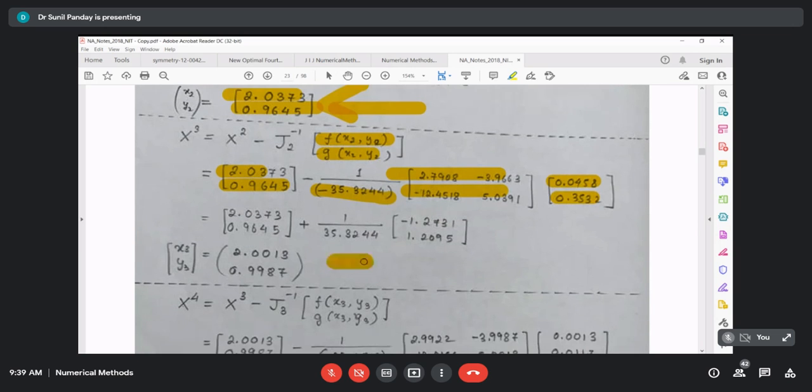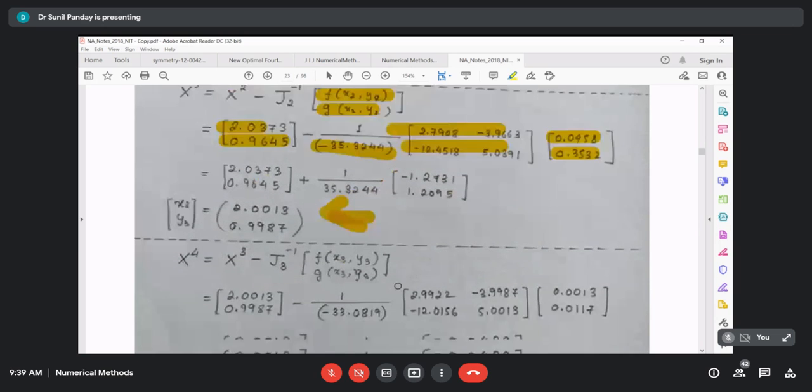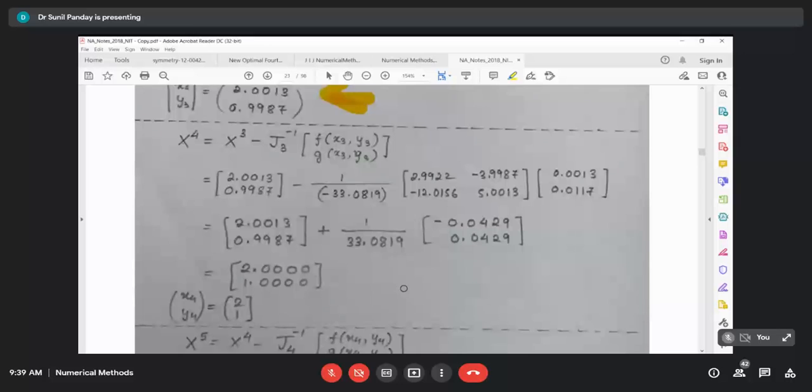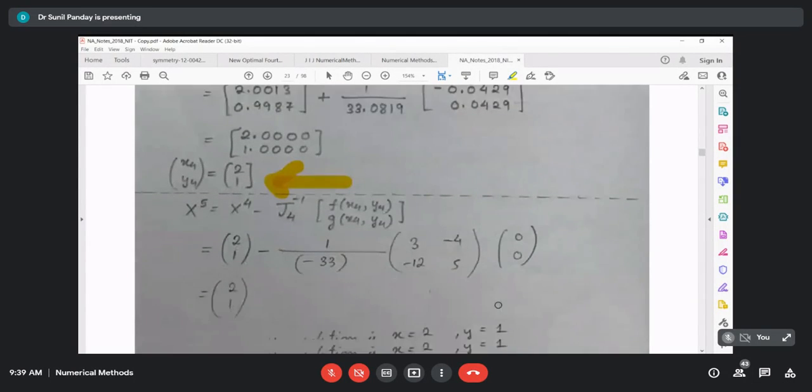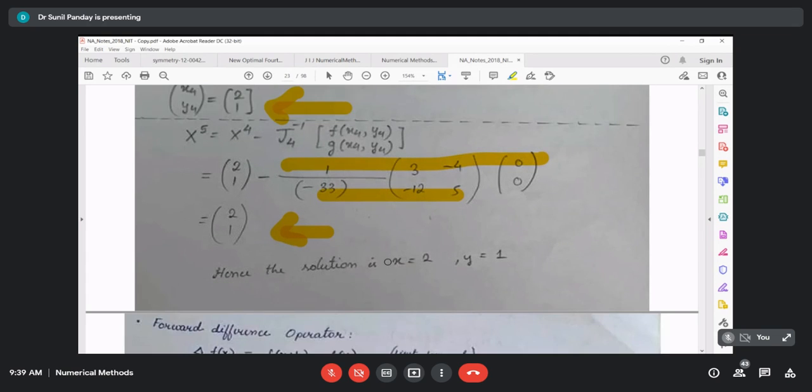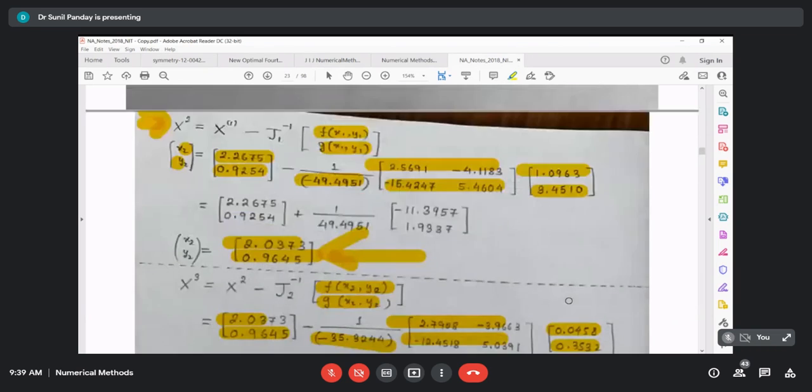Then we will get x3, y3, similarly x4, y4. So after simplification you are getting this as a solution. You can see that x4 and x5 are coming the same. So you will stop because no further improvement is there, because this part is becoming 0. So these are the solutions of our given nonlinear equations.